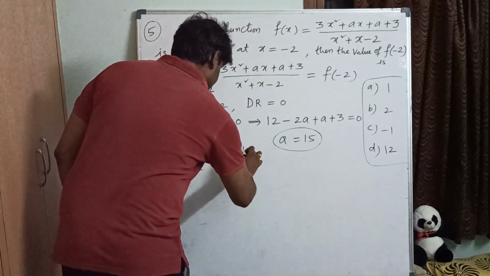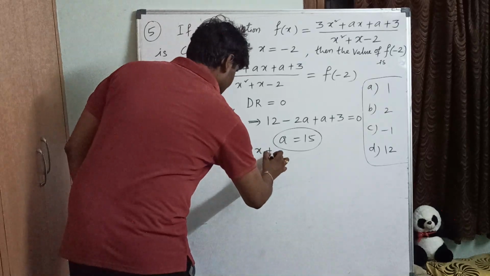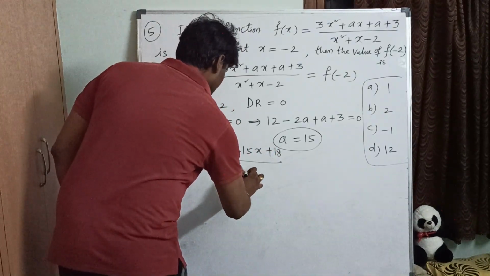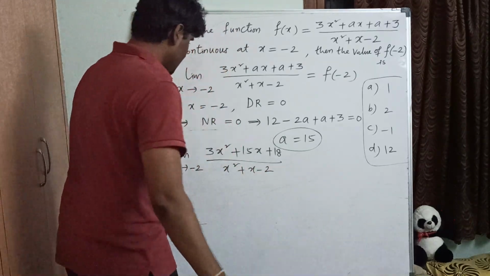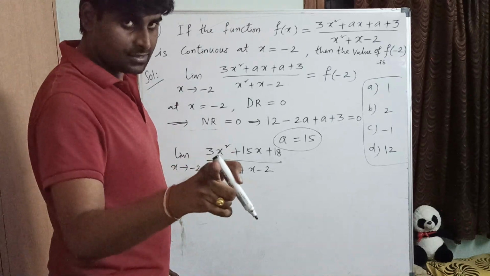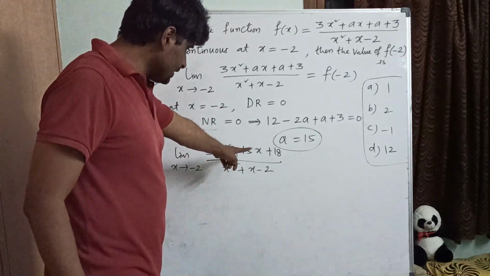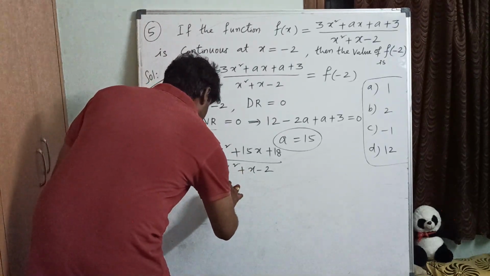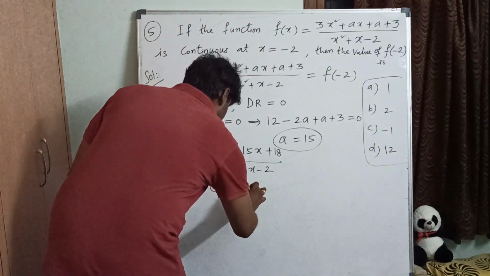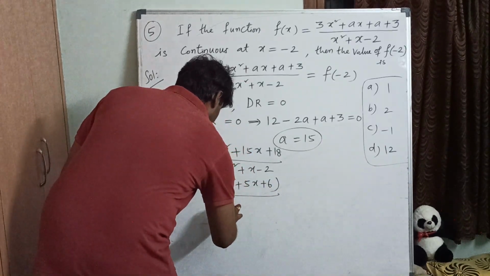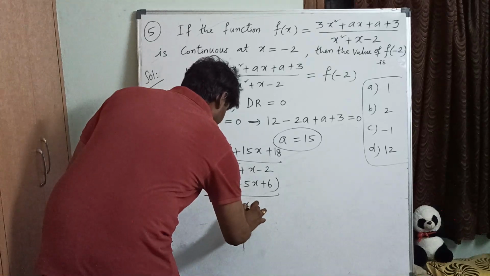So 3x square plus 15x plus 18 by x square plus x minus 2. Now let us find the limit for this, which will be the required answer. Now can I factorize here? Can I take 3 common? So what are the factors? 3 into x square plus 5x plus 6, and down x square plus x minus 2, limit x tends to -2.